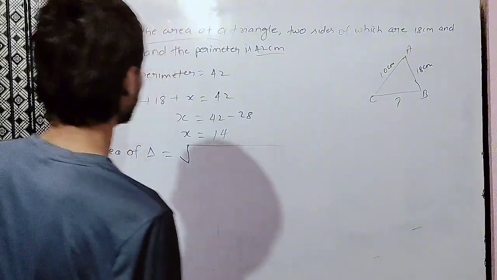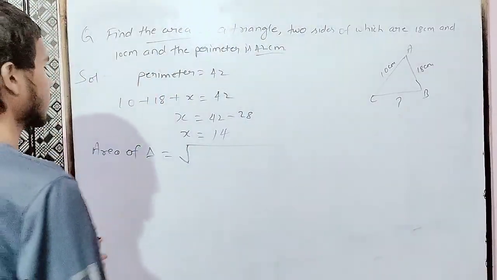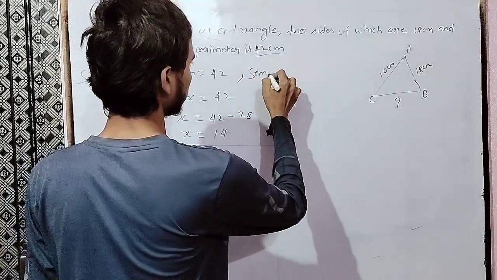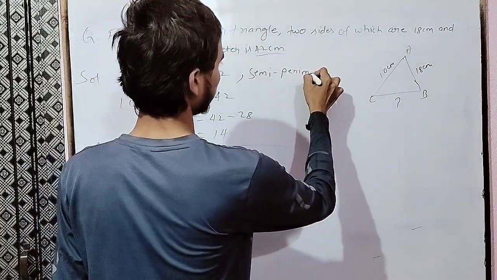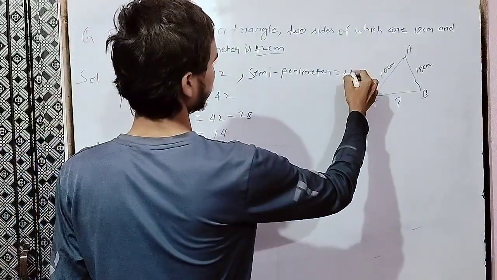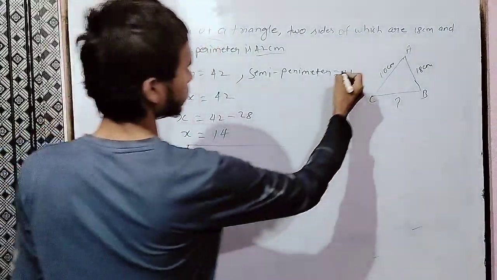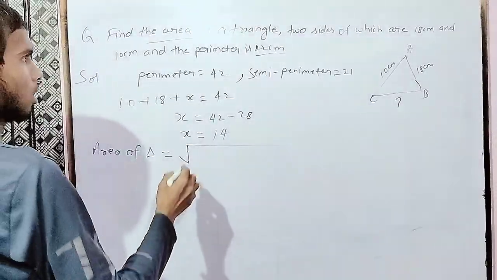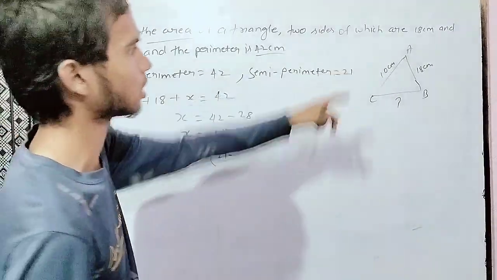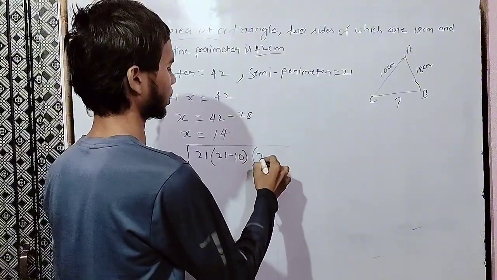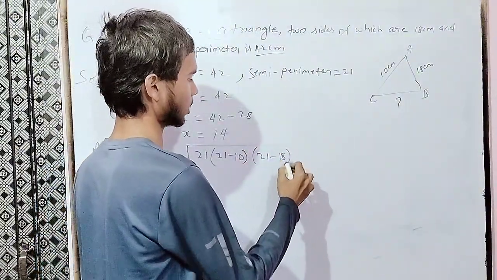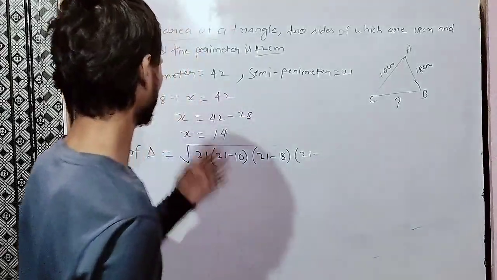Now, semi-perimeter. We don't know it, then we can find the semi-perimeter, which is 21. Yes, 21. Here, 21 minus 10, 21 minus the measure of the other side, 18, and 21 minus 14.